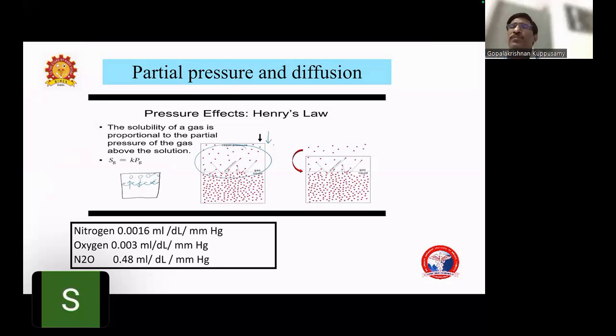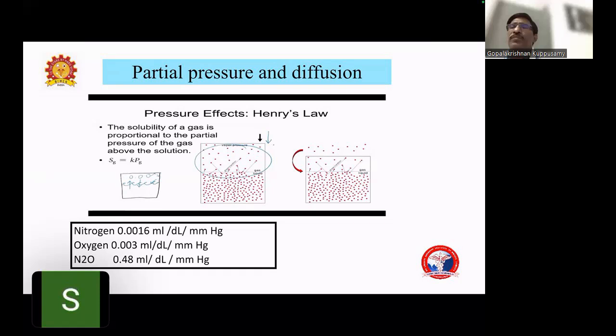Then pressure effects, Henry's law. Solubility of a gas is proportional to the partial pressure of the gas above the solution. If the partial pressure above the solution is high, then more molecules go into the liquid phase.